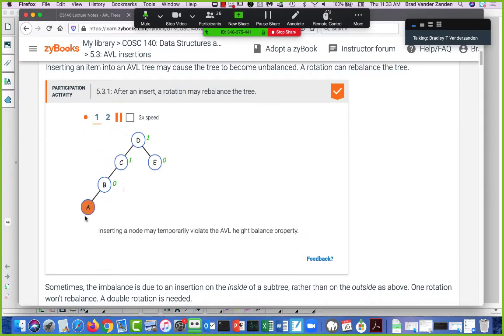So A is added, and you can see they're updating the balance factors. We do our rotation at the first place where the balance factor is greater than 1 or less than -1. So in this case, the first node where the balance factor is greater than 1 is at C. So we go ahead and we do the rebalance, and we do it about B.